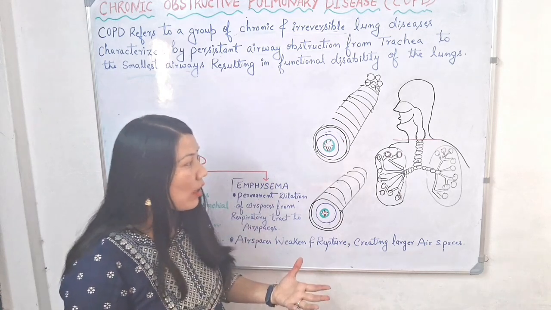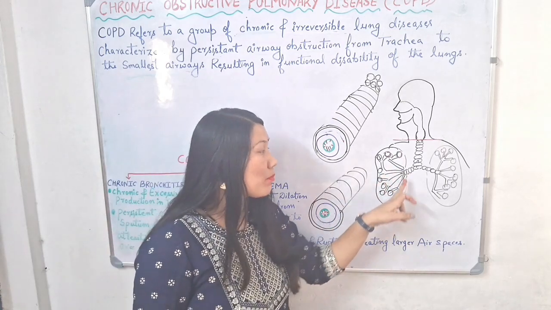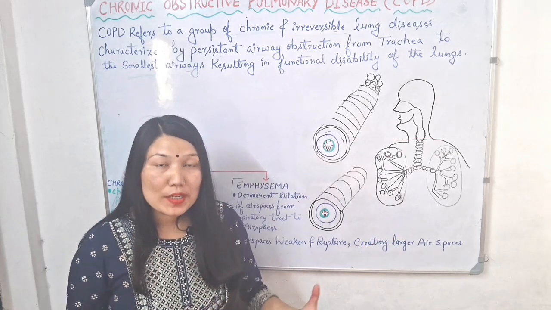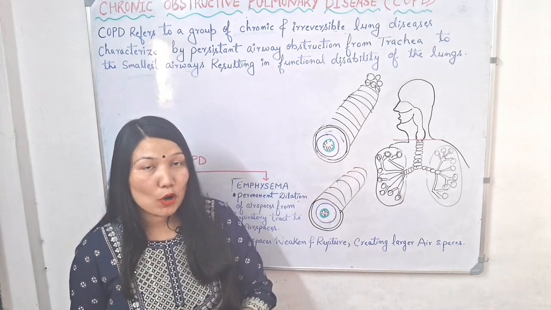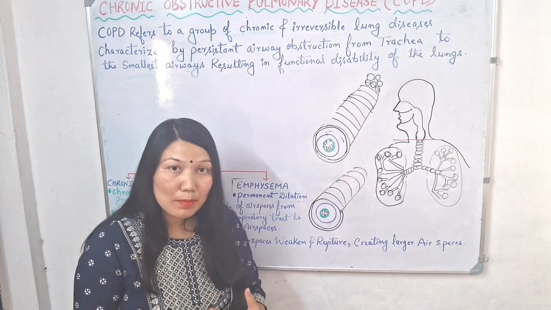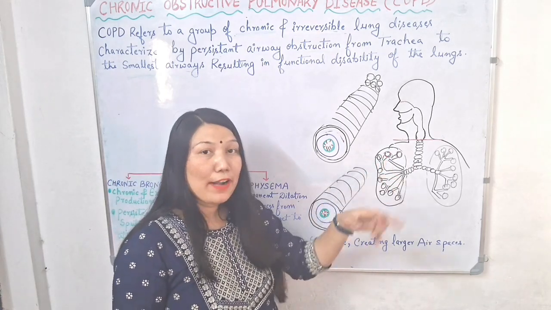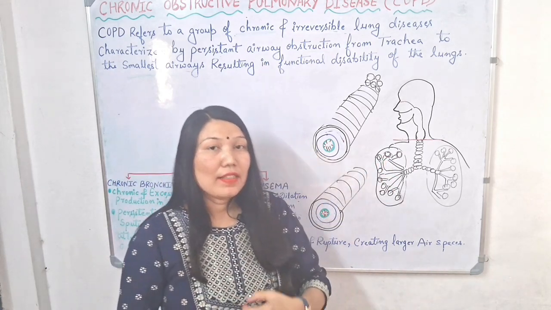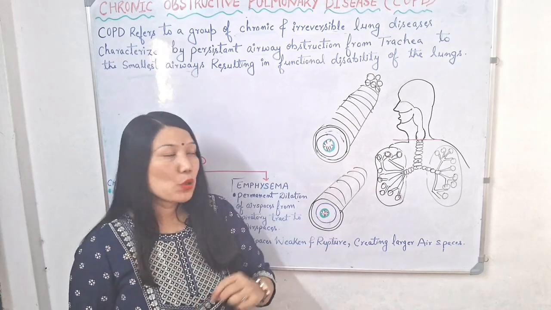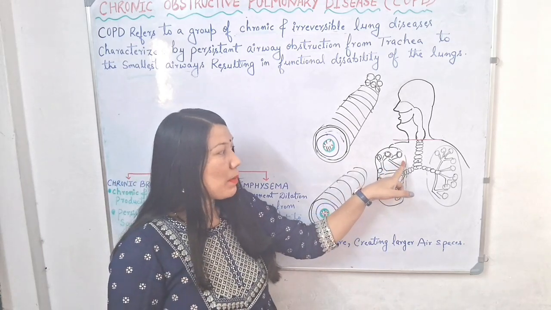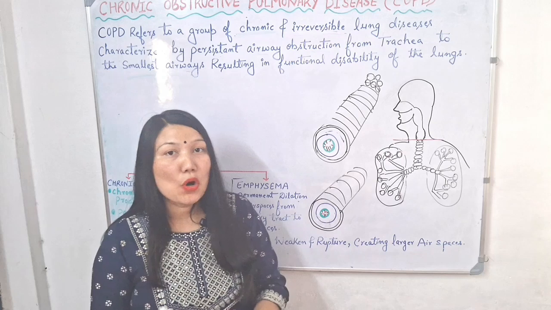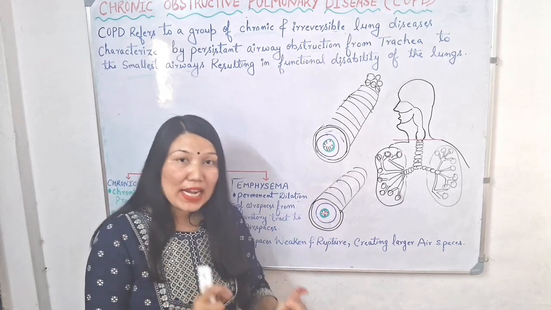Then the bronchi divide into several small branches known as bronchioles, primary, secondary, tertiary bronchioles. Then come the terminal bronchioles, the respiratory bronchioles, the alveolar duct, and finally, through the alveolar duct, the alveoli are attached. This alveolus, this air space, is the smallest unit of our lungs.